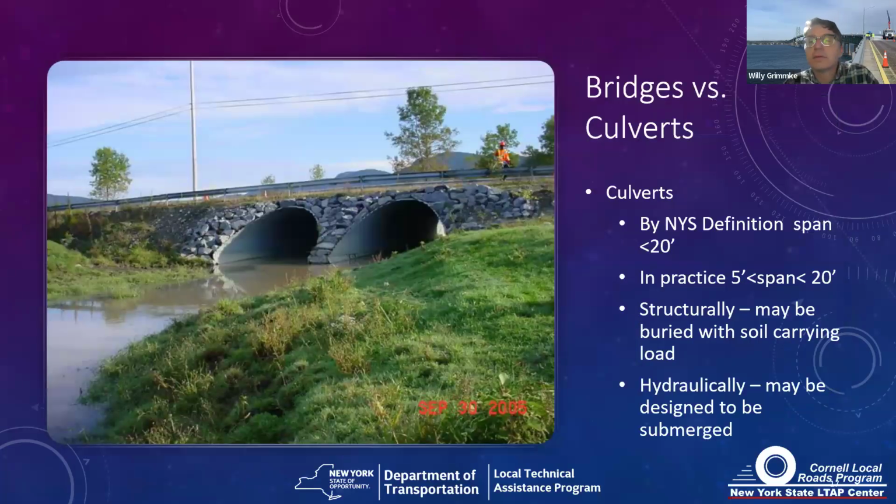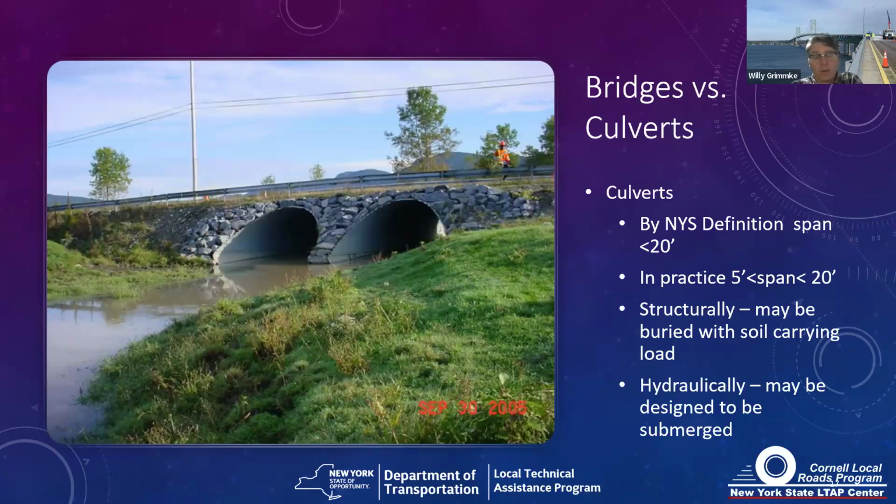Culverts, on the other hand, are statutorily less than 20 feet, and in practice, what we refer to as culverts or large culverts for inspection and maintenance purposes here in New York are in the 5 to 20-foot range, the under 5 being pipes.